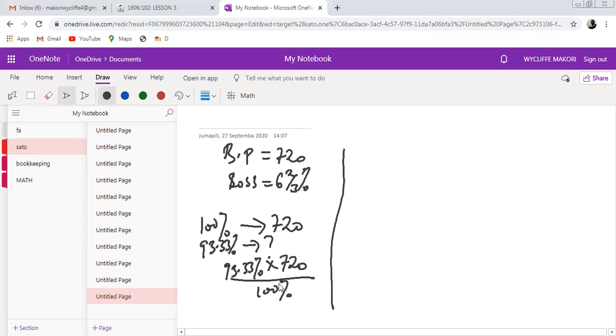Then you divide by 100, and you get 671.997. This is the selling price, approximately 672. That is the price at which that calculator was sold.